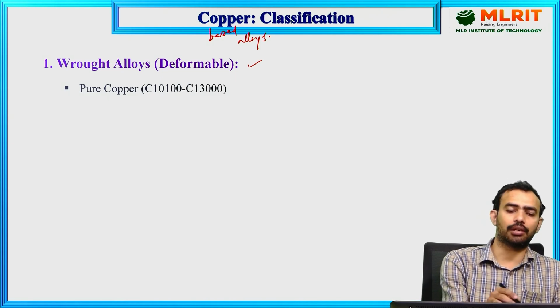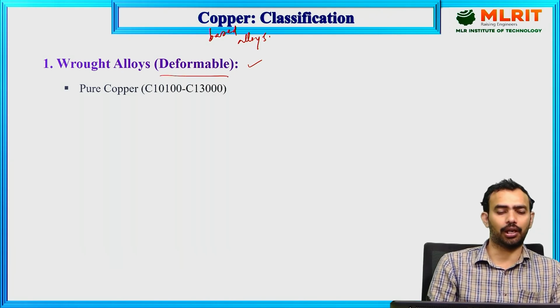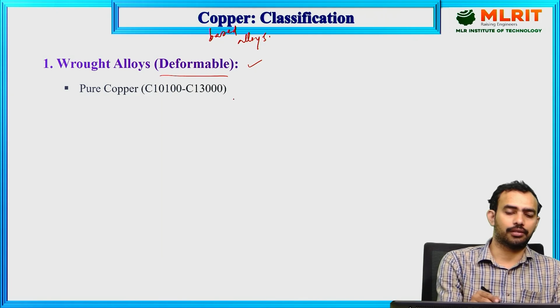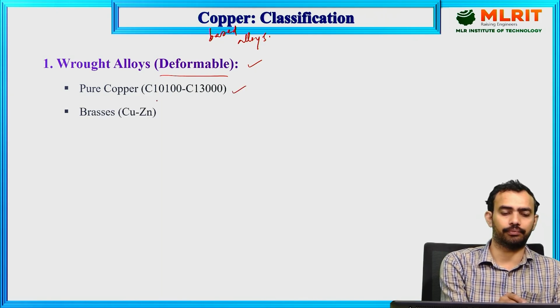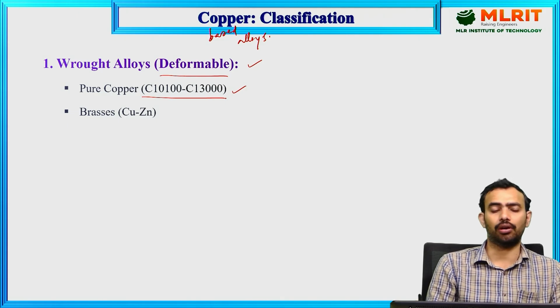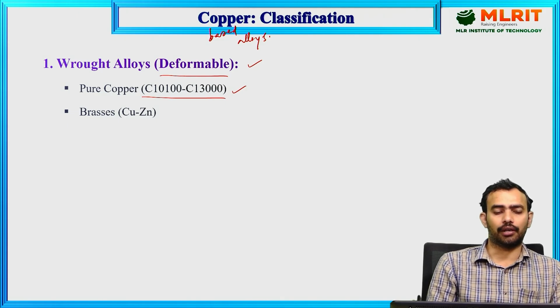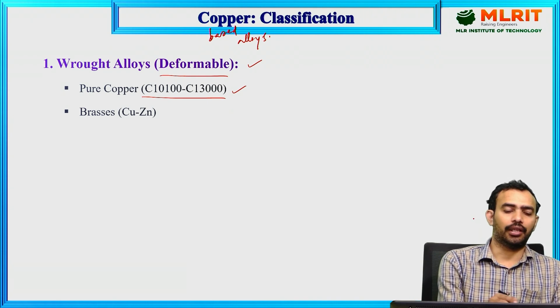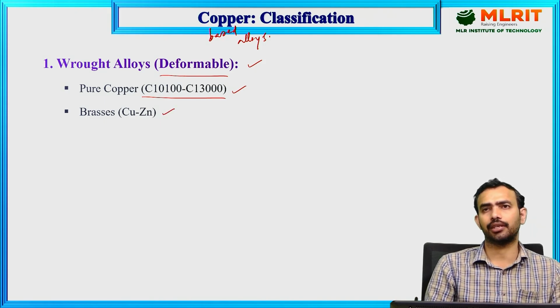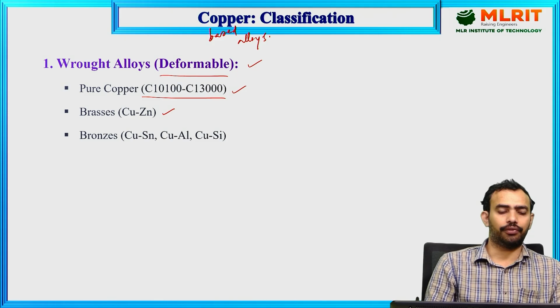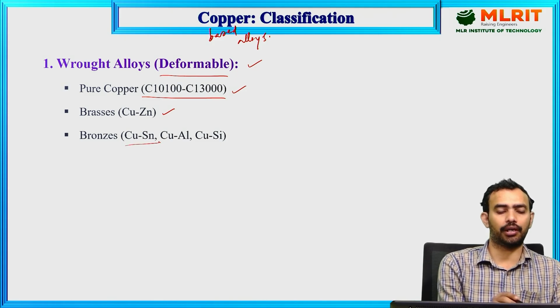Wrought alloys are deformable alloys, where you have pure copper, with the series number C10100 to C13000. And then we have brasses. Brass is a combination of copper and zinc. And we have the bronze, copper and tin.